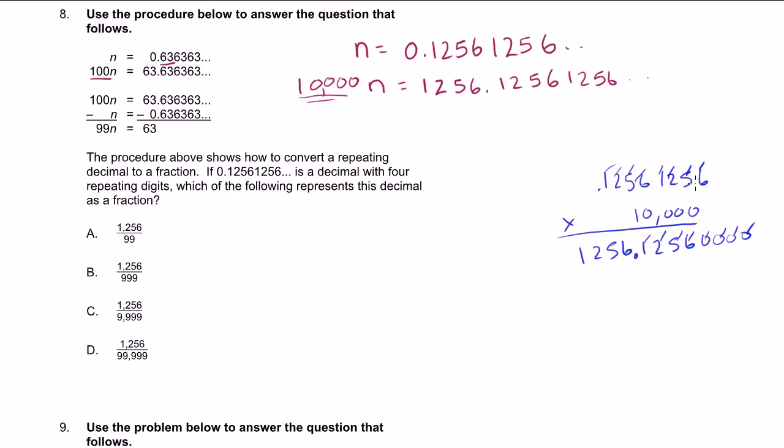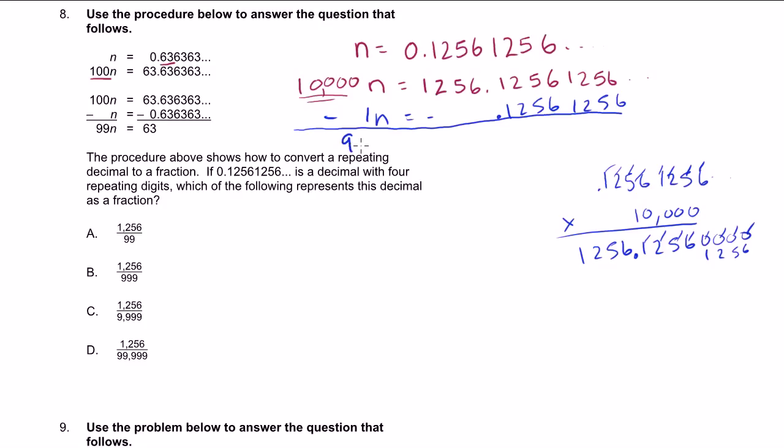Now, of course, I didn't multiply the entire repeating part. If it just kept repeating, then we'd have a 1, 2, 5, 6, and they'd keep repeating, and so forth. But you saw it worked in the pattern, and it works here. So once we get that, we just essentially want to subtract this from this. So we say minus n, or you could say minus 0.1256, and we are left with, on this side, what's 10,000 minus 1?